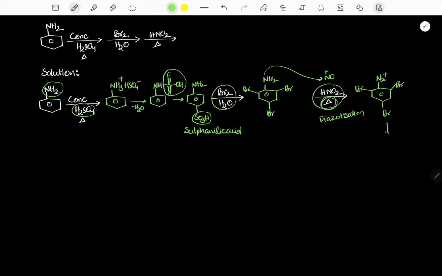Since heat is given, it reacts with water. While heating, it follows the ArSN1 mechanism. It loses N2 gas, forms a carbocation, and this carbocation reacts with water. Therefore, finally we get the corresponding 2,4,6-tribromophenol. It is a white precipitate, which means water insoluble.